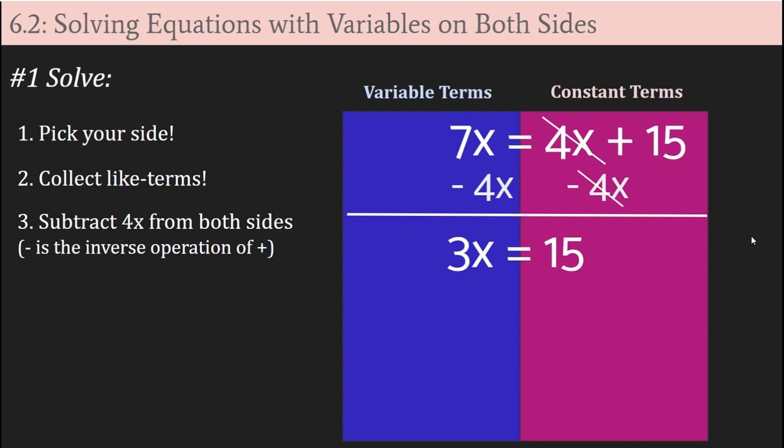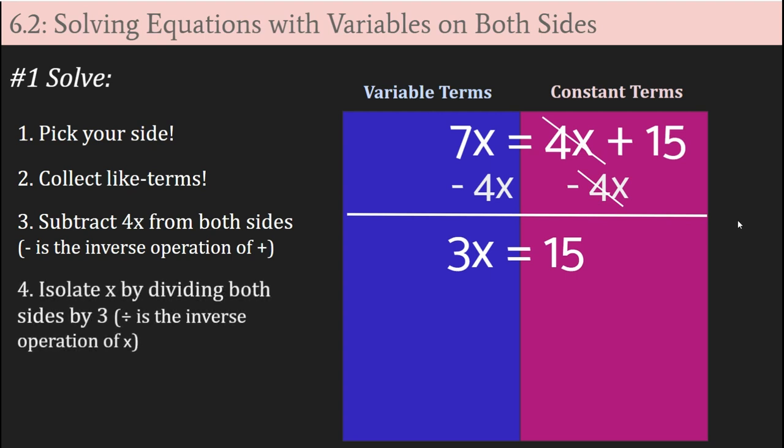And we would end up with 3x on the left side because 7x minus 4x leaves us with 3x. And now we are left with just the constant term on the right side. So now we have to go one step further because our variable is still not isolated. Our variable has a coefficient with it and we want to get it just by itself.